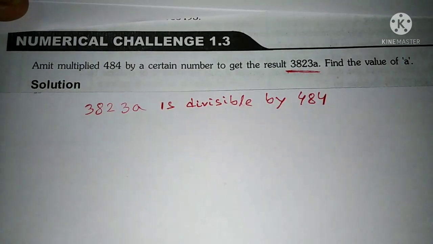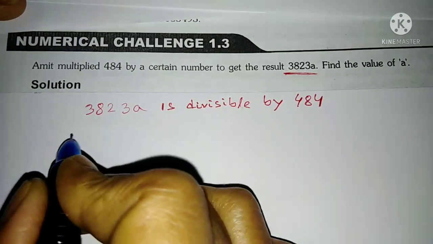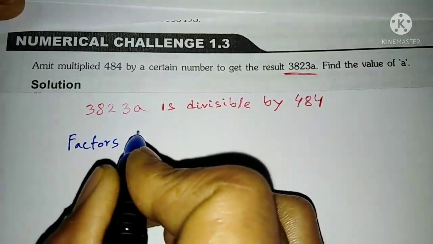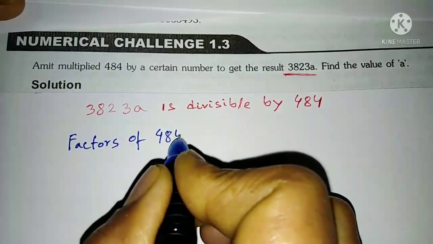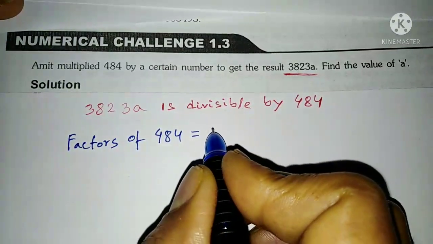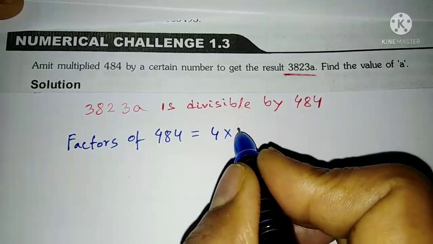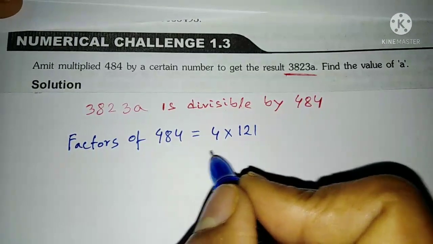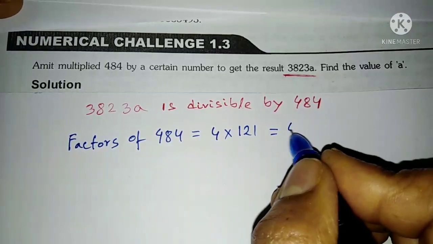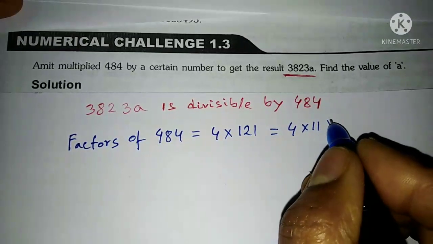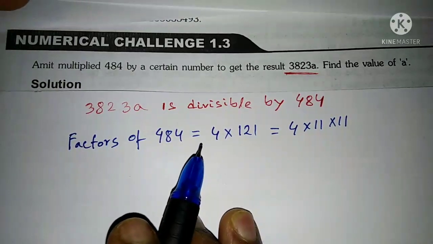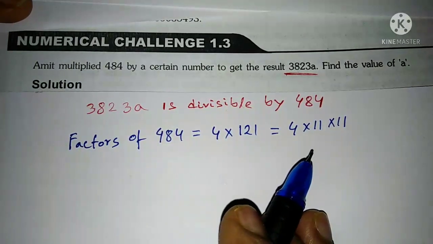Now, what are the factors of 484? Let's write the factors of 484. It is 4 into 121, which means you can write 4 into 11 into 11. So the factors of 484 are 4 and 11.